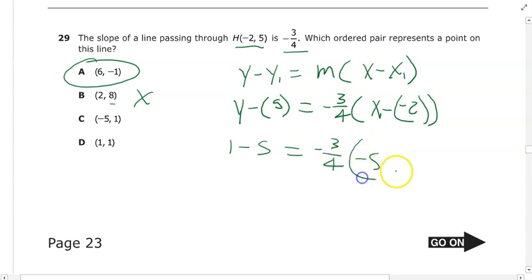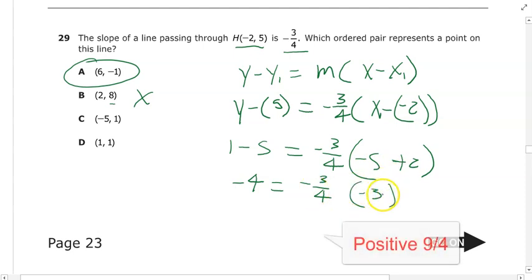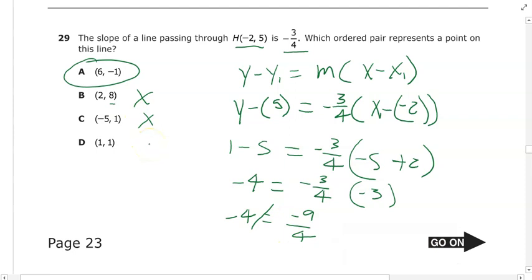X is -5 minus -2 or plus 2. So -4 equals -3/4, -5 plus 2 equals -3. And -3 times -3 is -9/4. That's not true. And the last one doesn't work either. -4 doesn't equal -3. So that one doesn't work either. Definitely answer choice A.